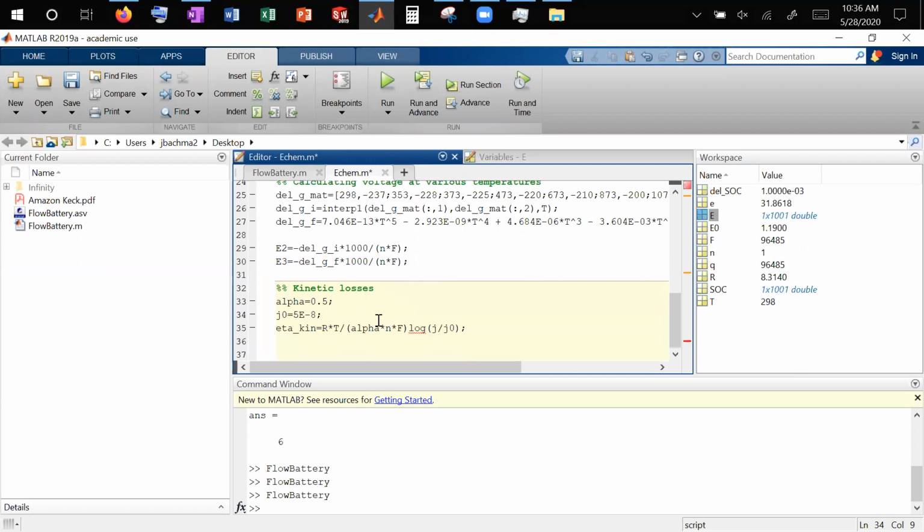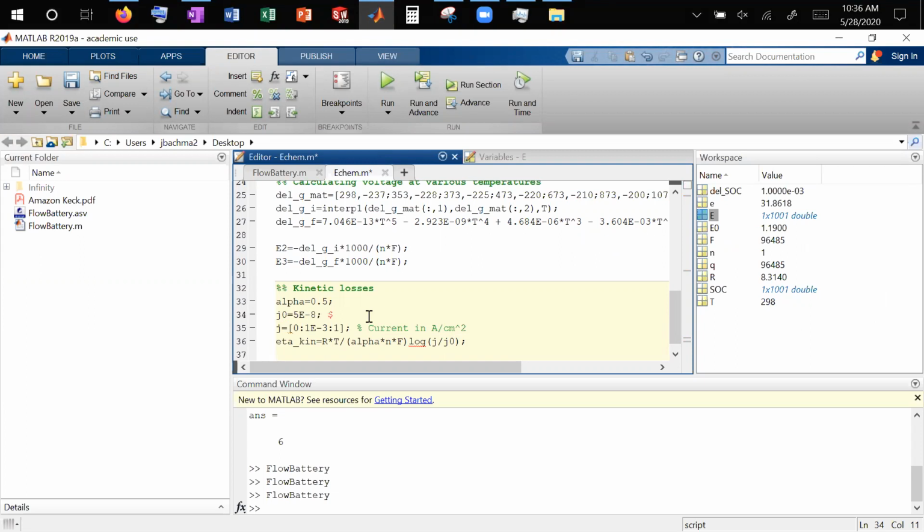And we're going to have to make a vector for J. So we'll go J from, it's equal to a vector from 0 current by 1e to the negative 3 all the way to current of 1. So this is current in amp per centimeter squared.